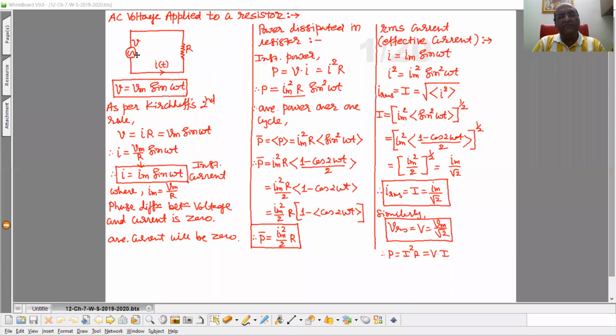So this is the current at a particular instant t, so that we have to represent.